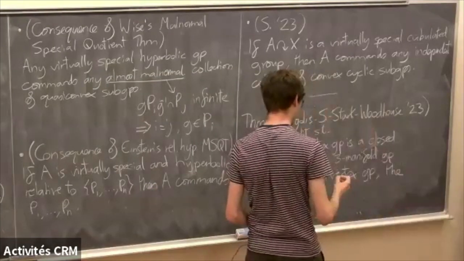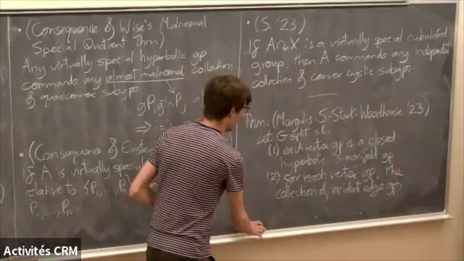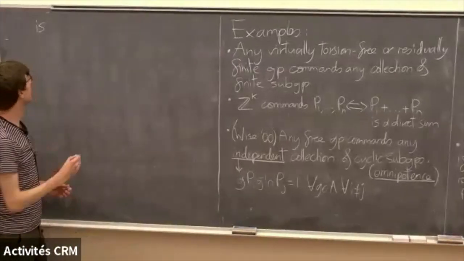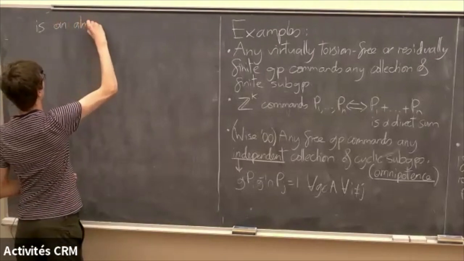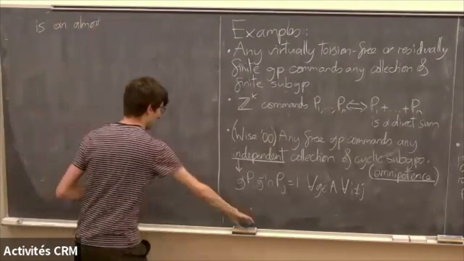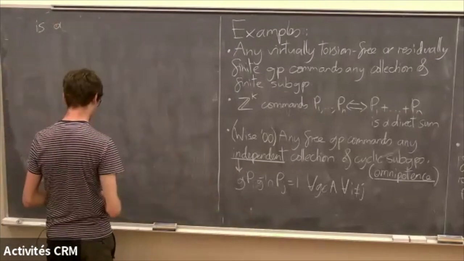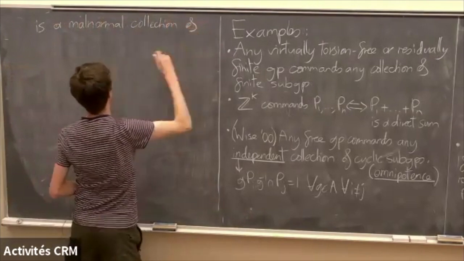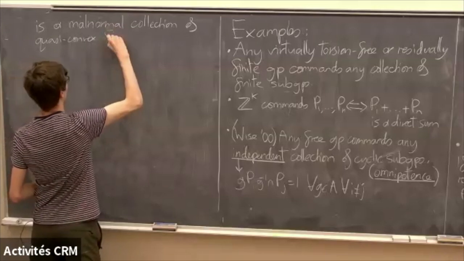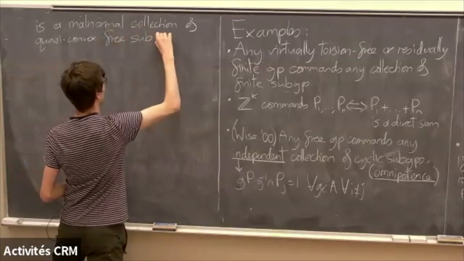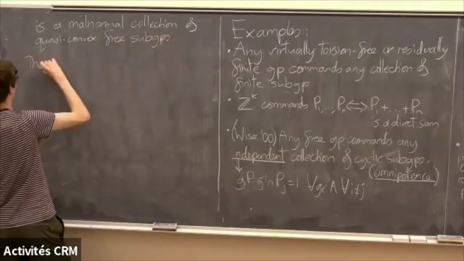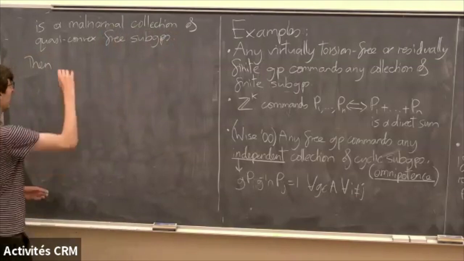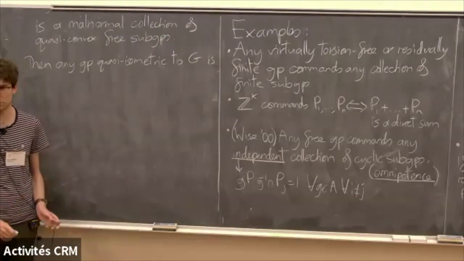Each vertex group, the collection of incident edge groups is a malnormal collection of quasi-convex free subgroups, then any group quasi-isometric to G is in fact abstractly commensurable with G.